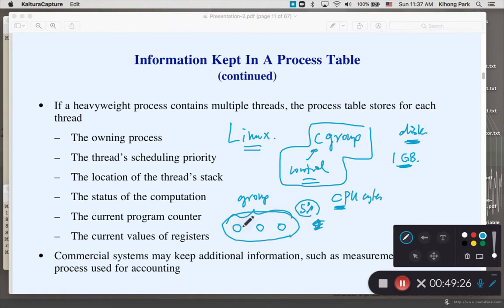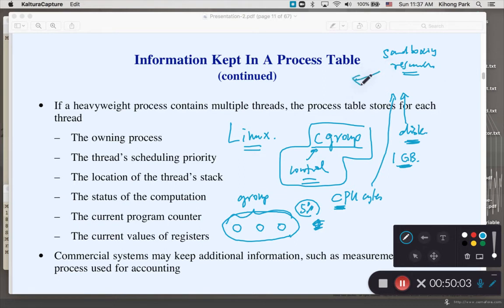In this case, they might be heavyweight processes into groups, and that's the case for what is called C group in Linux. You are essentially putting boundaries on the resources that they can utilize, which is you are actually sandboxing resources. So you're splitting up resources and you're saying this much belongs to this group, this much belongs to that group, and that is going to be it.